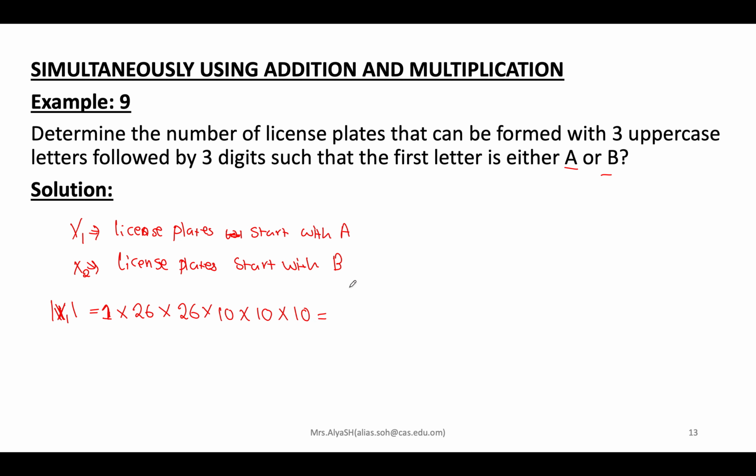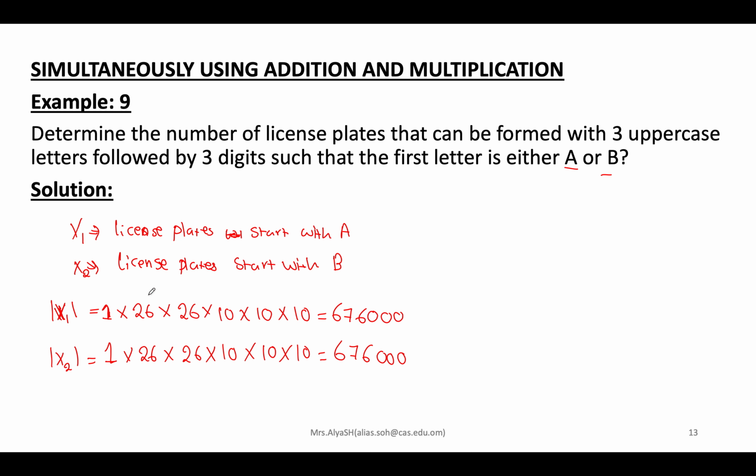So here we got the result as 676,000. Now X2 is license plates that start with B, then any letter from the 26, any letter here, and any digit, any digit, any digit.